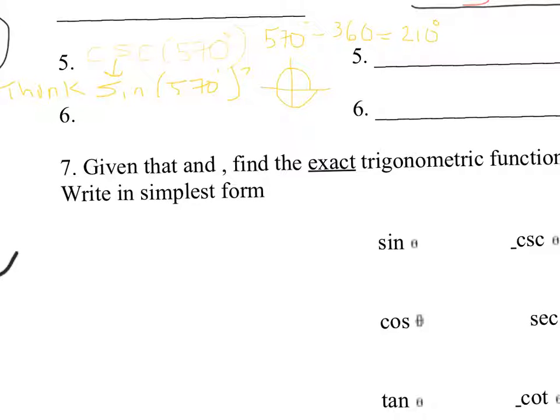So essentially what that's saying is you do a full loop. I did that in yellow, that's 360 degrees, but to get to 570, we need to add 210 more. So the yellow is 360 plus 210, we stop right there. That is 570 degrees. So you're really looking at the 210 degree spot.